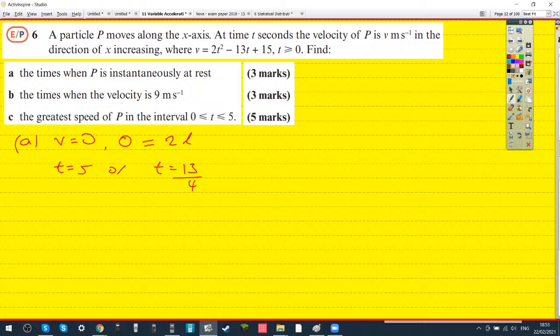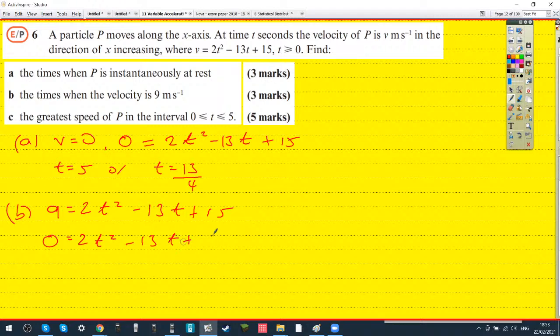And I think here I'm just subbing in 9 instead of V. Yep. And so if I make it now equal to 0, that will then become 2t² minus 13t plus 6. And I get t is 6 or t is a half.